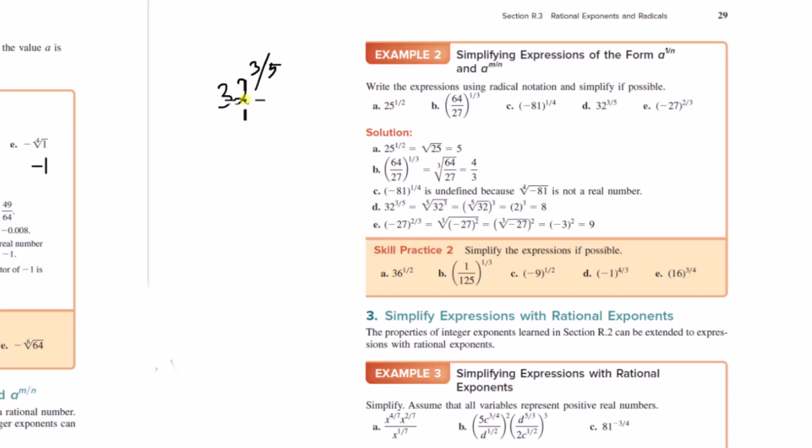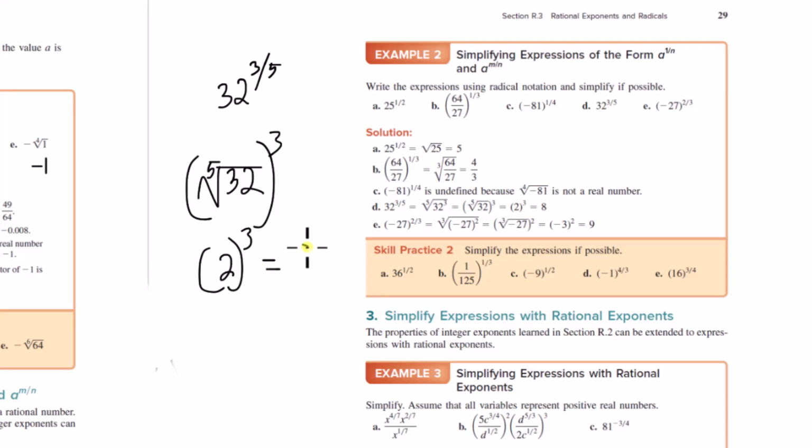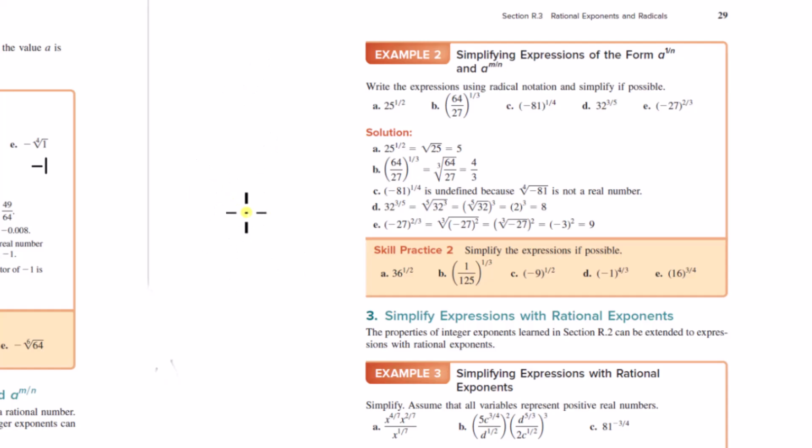The way I look at it is, if I can clearly see it's going to be easy to evaluate the radical as it's shown, then I go ahead and put the cube on the outside, because the 5th root of 32 is 2. So done. But if it's not that clear from first looking at it, then maybe you want to cube what's inside the radical first, and we'd see something that's clear of what the root is.